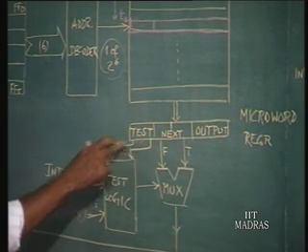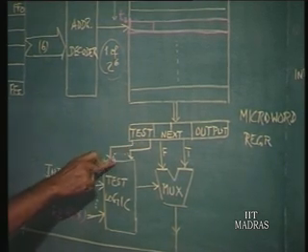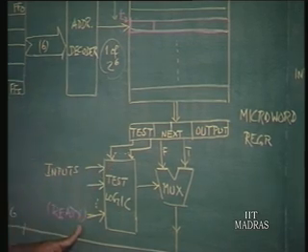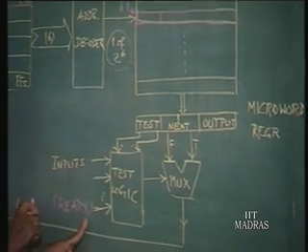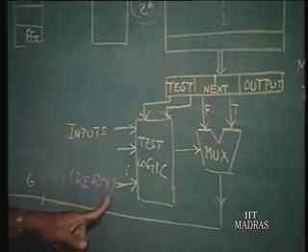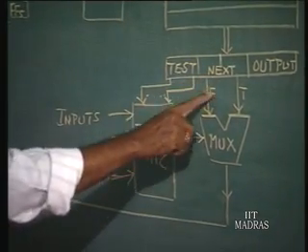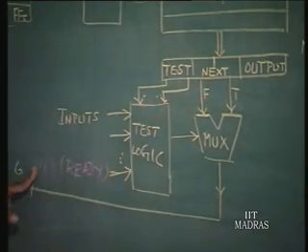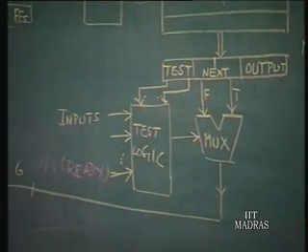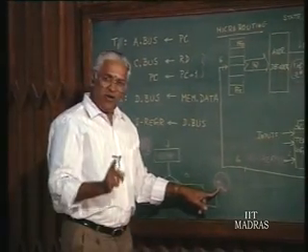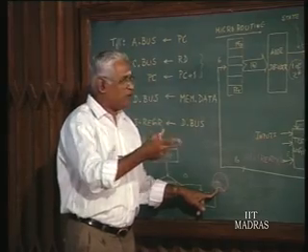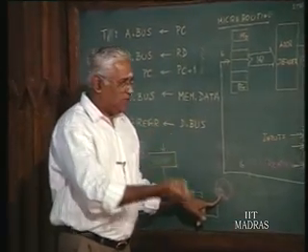So basically it's only information. It says check for the state of ready, and then depending on ready being 0 or 1, if ready is 0, pass on the next address, that is the address corresponding to TW. What will be a 6-bit code?